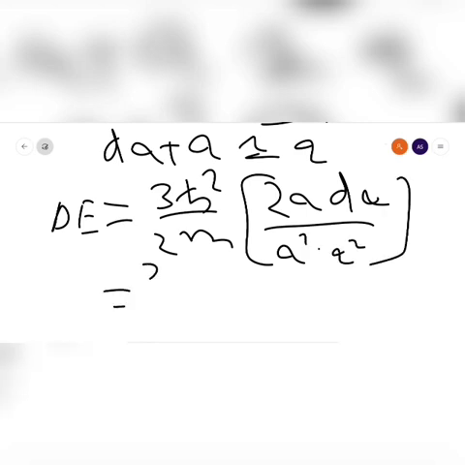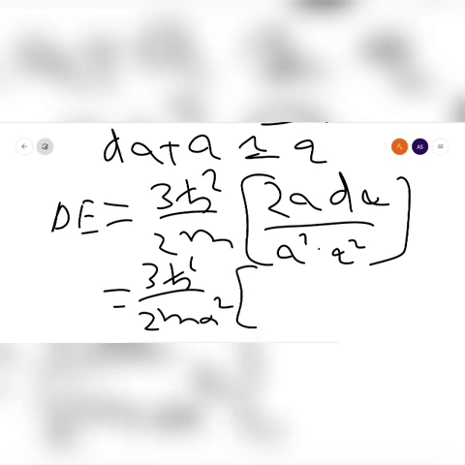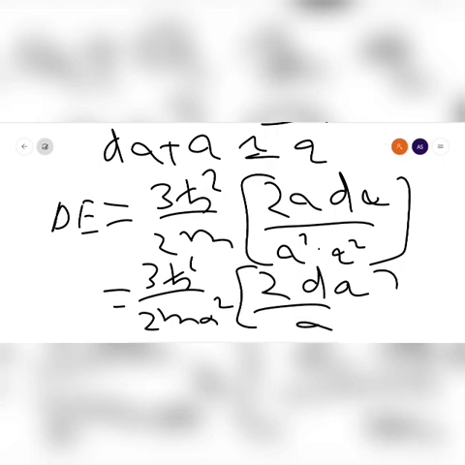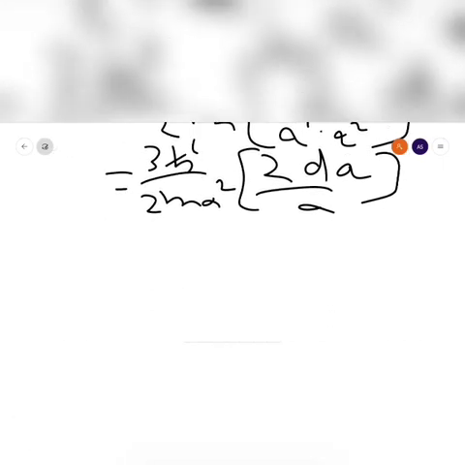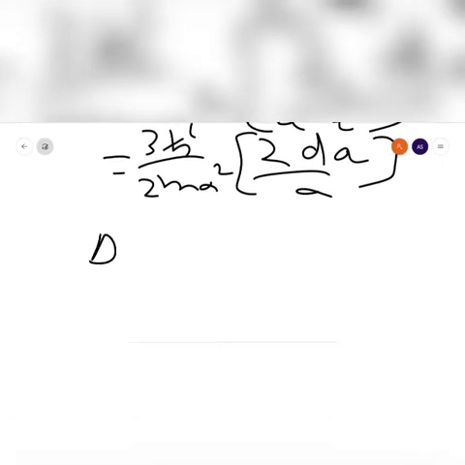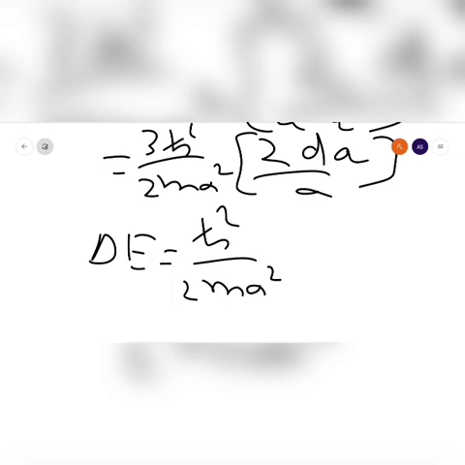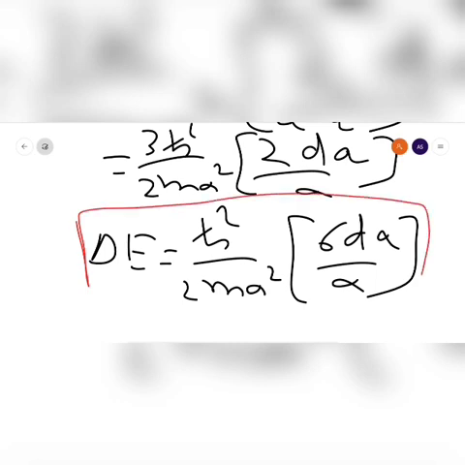Now you can write 3h square by 2m a square times 2 dA divided by a, and the final answer of your question is delta E is equal to h square by 2m a square times 6 dA by a. That is the final answer of your question.